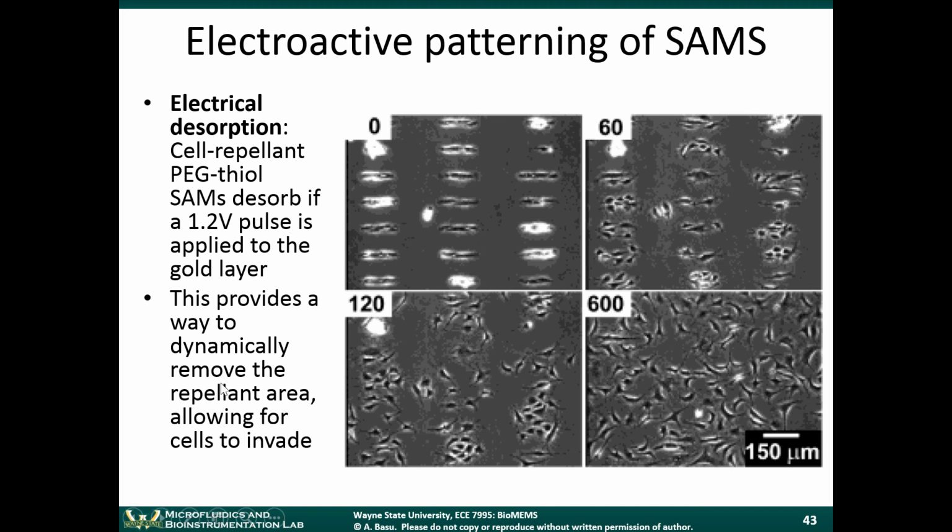This is an example where the cells were patterned, and these regions out here were cell repellent. Then a voltage pulse was applied to remove the repellent layer, and after 600 minutes, you can see that the cells invade into those regions. This is interesting because you're using electrical control to determine where the cells adhere and where they don't adhere.